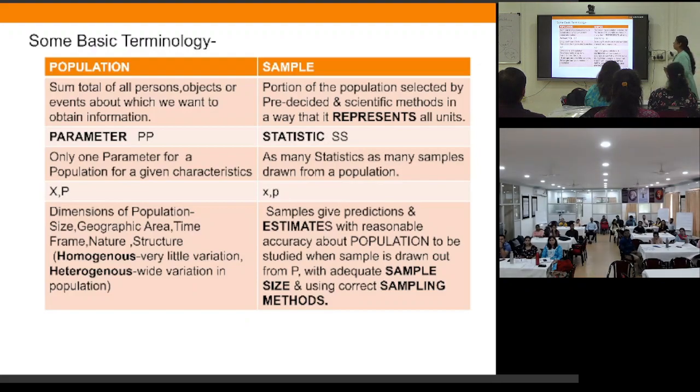And a sample gives predictions. It is not saying that the value I have got is the correct one. It is just giving you an estimate with reasonable accuracy about the population to be studied, when the sample is drawn from the population with adequate sample size and the correct sampling method. That is the relation between population and sample.